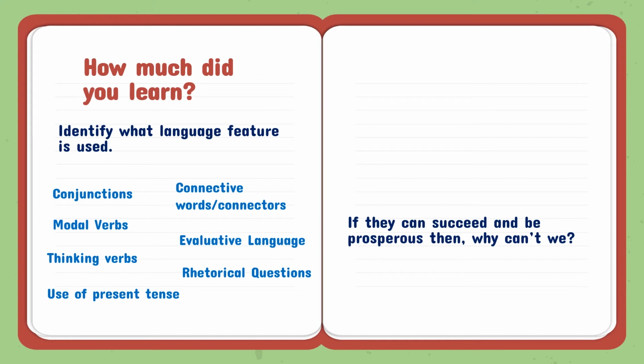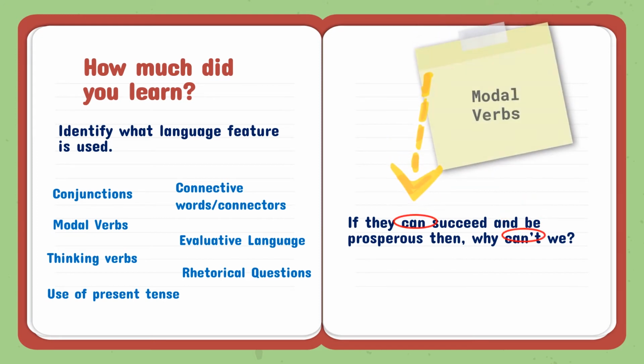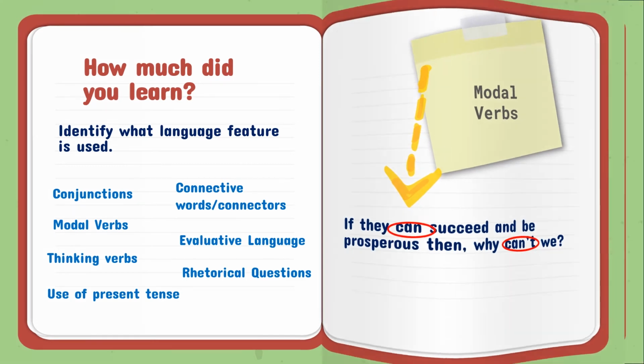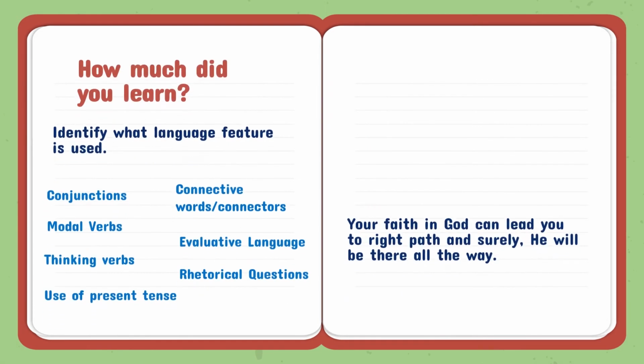If they can succeed and be prosperous, then why can't we? If your answer is modal verbs, because we have can or can't, you are correct. Let's proceed.